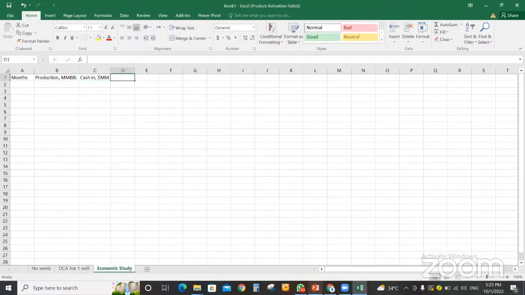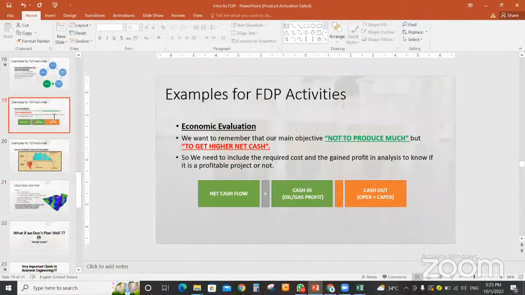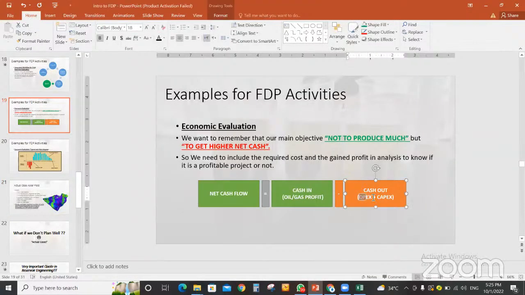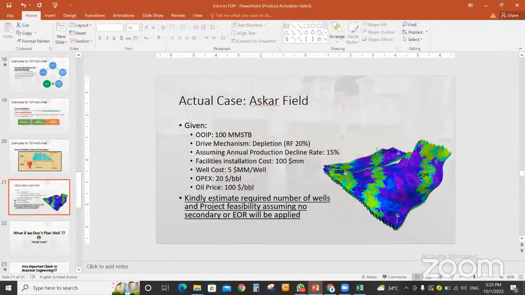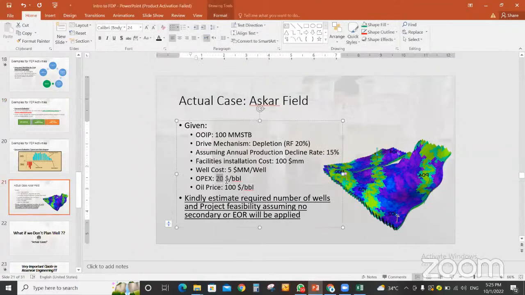Okay, we need to have the cash out. Let's remember we have the cash out: it's OPEX plus CAPEX. The OPEX is about $20 per barrel, and the initial CAPEX is equal to the facilities installation cost, which was about $100 million, and the well cost; a single well will cost $5 million.